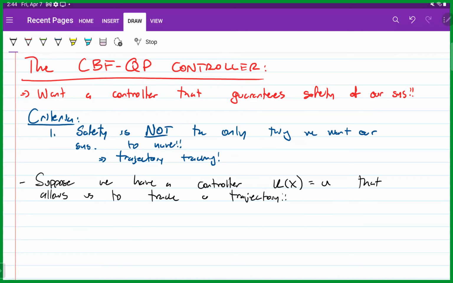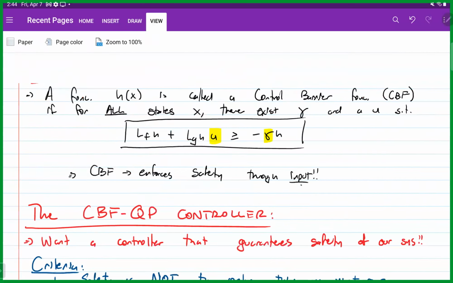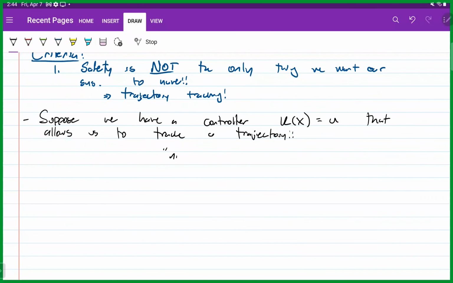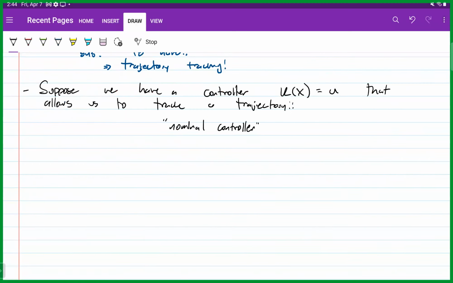This is sometimes referred to as a nominal controller, because it's saying, in the best case scenario, when I don't have to worry about this safety problem at all, what would the input to my system be that allows me to track these trajectories, do all these wonderful things? Okay.